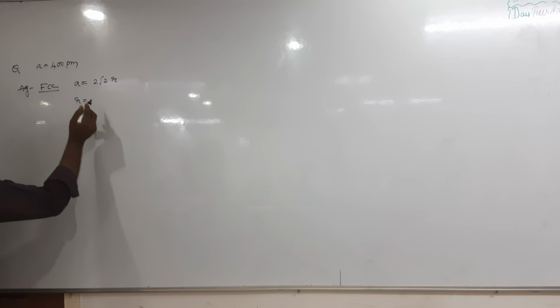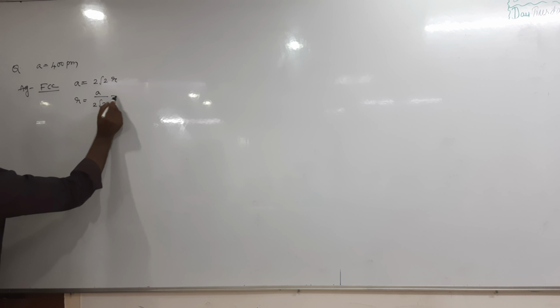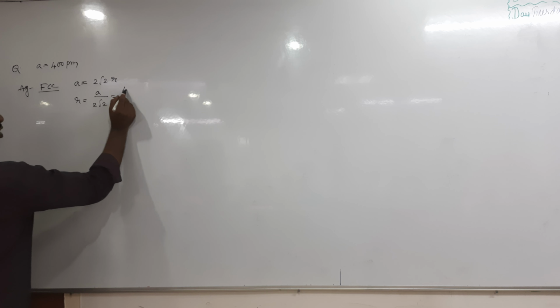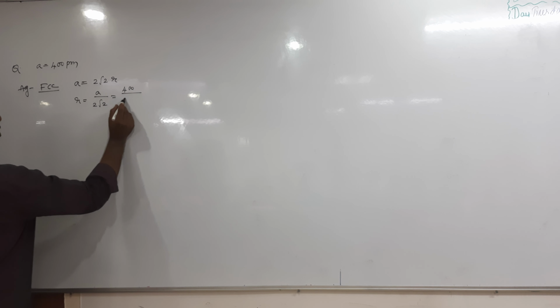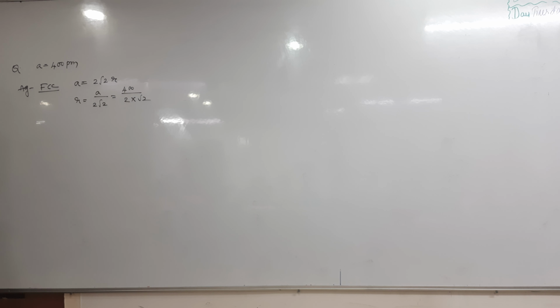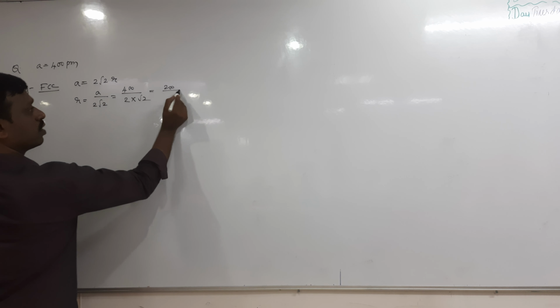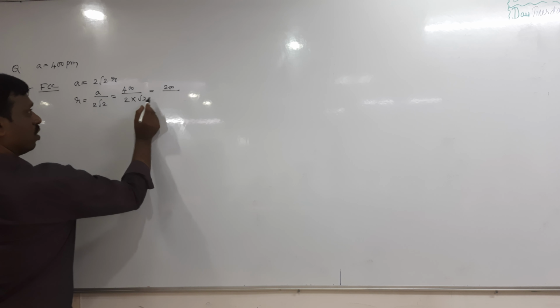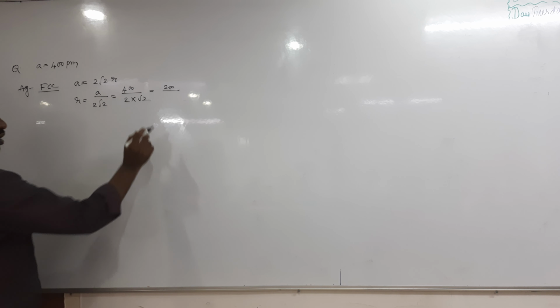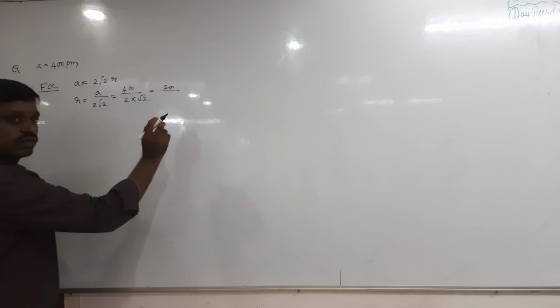R equal to, we want A by 2 root 2. So what is A value given? 400 picometer by 2 into root 2. Then it is 200 by 100 root 2 into 10 power minus 12. So root 2 value is 1.4.